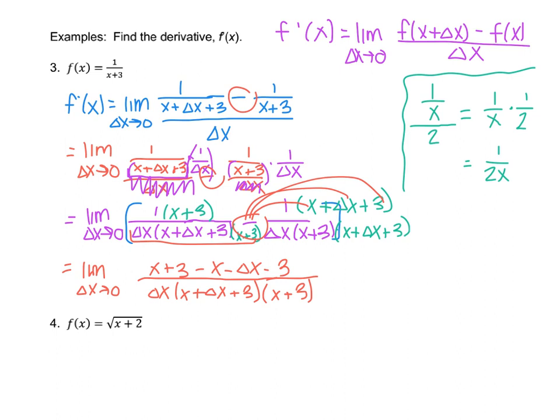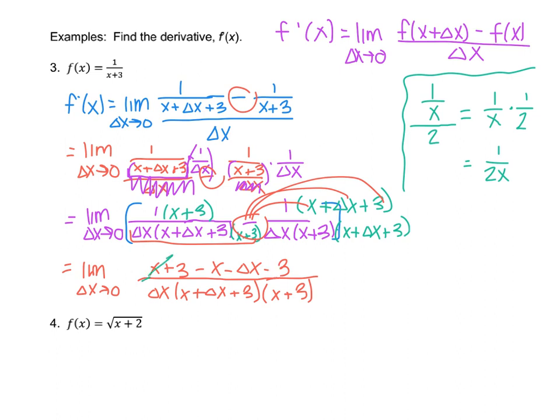Right now, at first glance, we are still unable to use direct substitution. However, if we simplify this numerator, things will clean up pretty nicely. So hopefully you can see I've got x plus 3 minus x minus delta x minus 3. So this x minus x cancel, and then the 3 minus 3 are also gone.